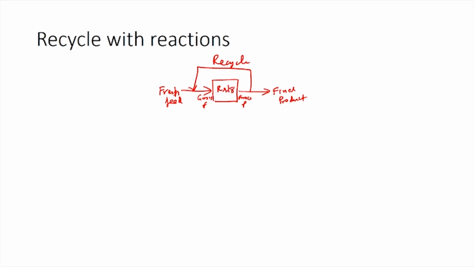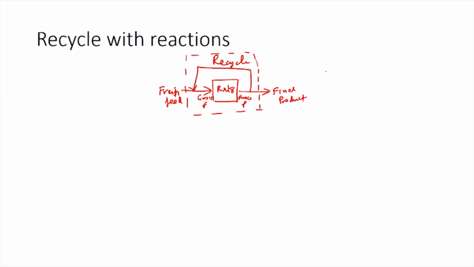When we were talking about the overall fraction conversion, we would assume the entire process as one single system. So, this is the overall system. For the overall system, what we have is fresh feed which contains reactants entering, and you have the final product which is leaving. So, all the reactants which are consumed within this process is taken in the numerator, and the reactants which is fed through the fresh feed is taken in the denominator to calculate the overall fraction conversion.